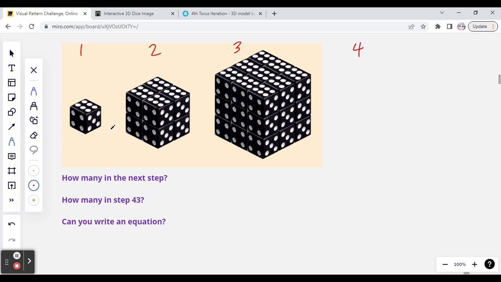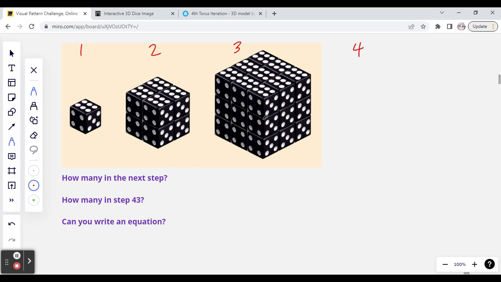So we have one 5 here, we have four 5s in the next step. In step 3, we have nine 5s. So each number is kind of on a square, one of the square sides of this set of dice that make this cube. So the numbers are going to be the step number squared times all the numbers on the face of a die.